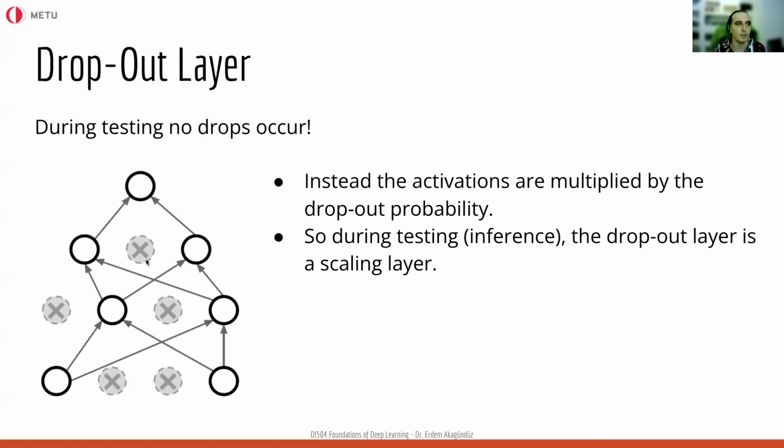What happens during backpropagation? Okay, I understand theoretically why it happens, but how does it technically take place? The nodes that you dropped in the forward pass are also dropped in the backward pass. The gradient does not flow from those edges. The gradient will only flow from the edges which did not drop, which means only the weights connected to those features will be changed.